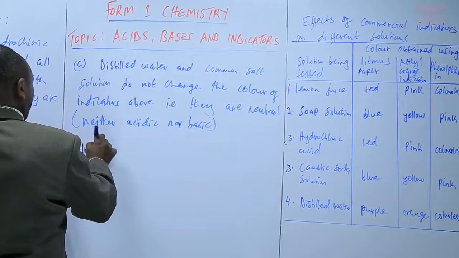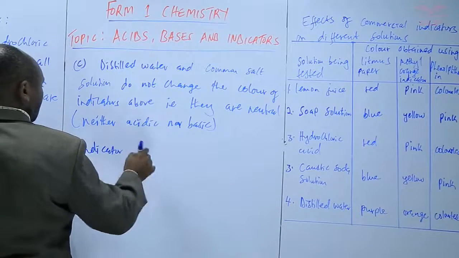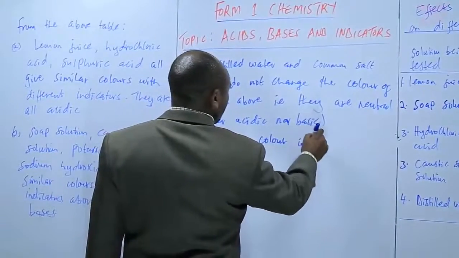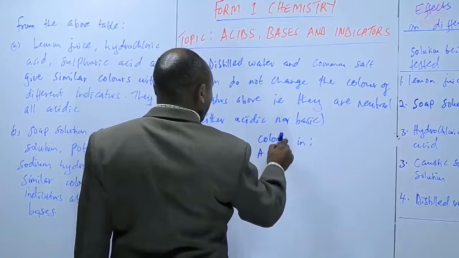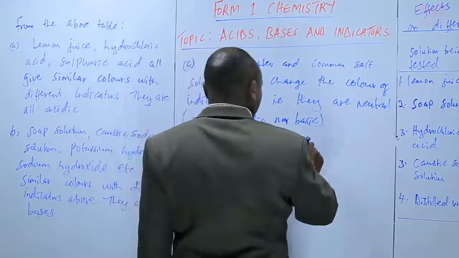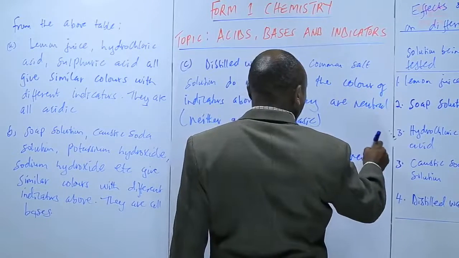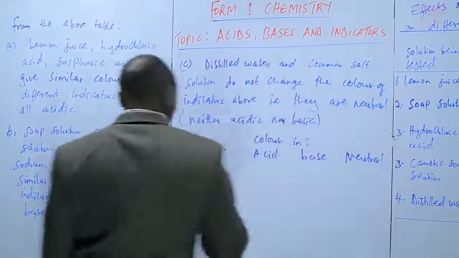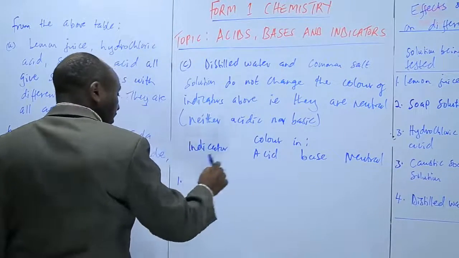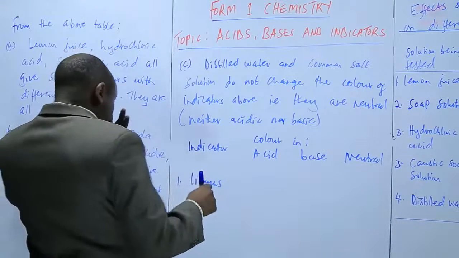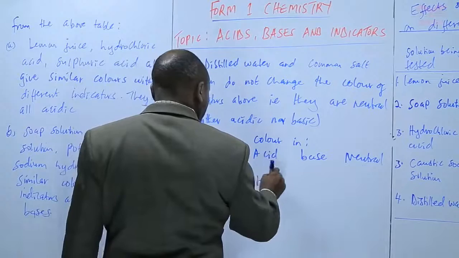So we can summarize that again. We can have the indicator, then the color in acid, base, and neutral solution. For example, we can start with the litmus. In acid, it is red.